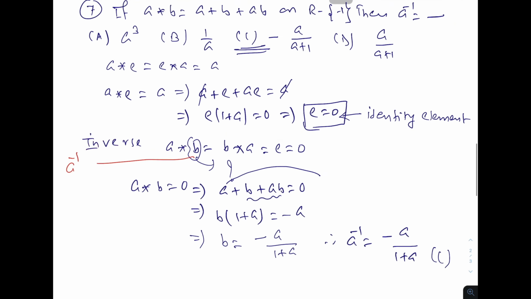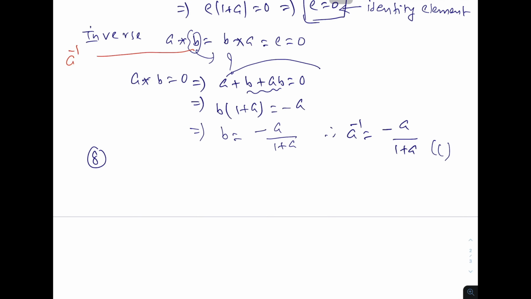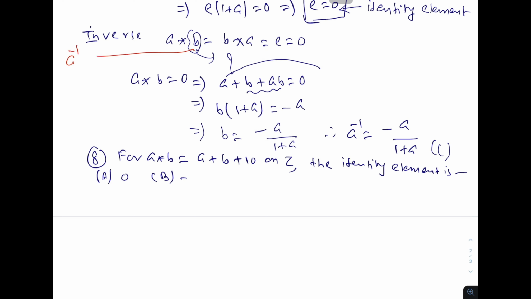Next let us see, say for A star B equal to A plus B plus 10 on Z, the identity element is blank. Options are 0, minus 5, minus 10, 1.